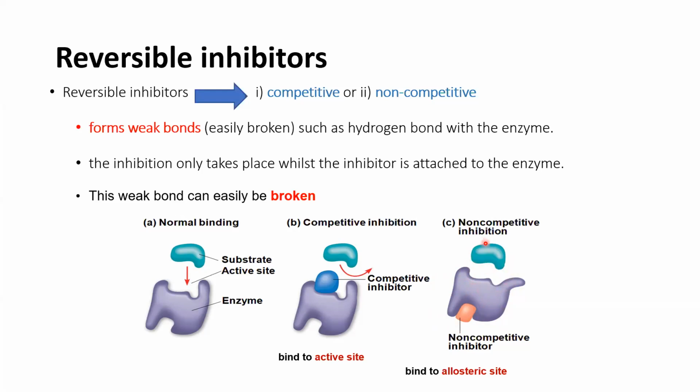Now the substrate cannot bind to the active site because its structure is no longer complementary to the shape of the substrate. So that is non-competitive inhibition: the inhibitor binds to the allosteric site and causes the enzyme to change shape.